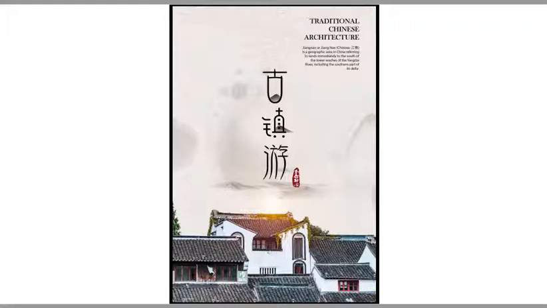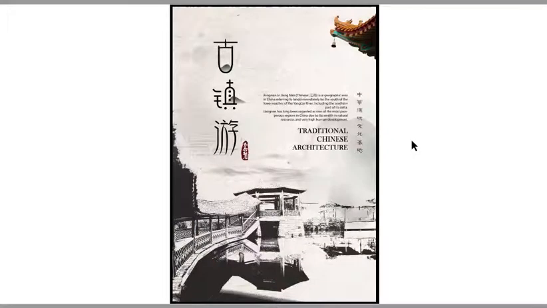And this is the last one I have. I used Photoshop to change this picture to black and white.